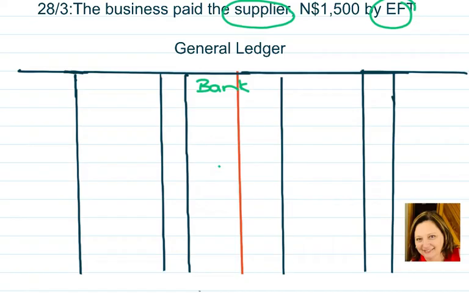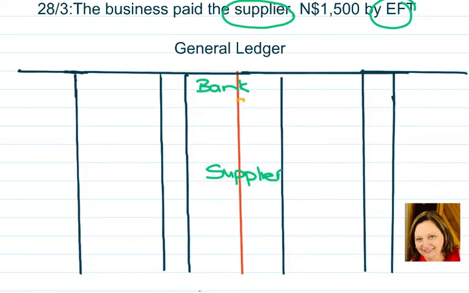There's my supplier account. Second step, determine the debits and credits. Bank is a form of an asset, always increase on the debit side. But now that we are paying the supplier, my money in the bank will go out. So in other words, it will be on the credit side.